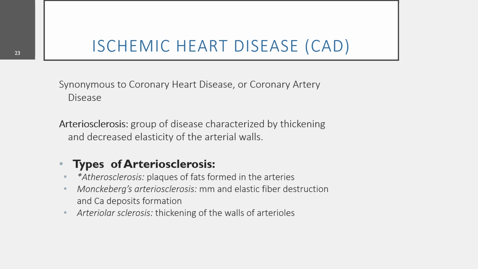Monckeberg's arterial sclerosis involves the middle layers of the arteries and destruction of muscle and elastic fibers and formation of calcium deposits. Arteriolosclerosis is the thickening of small arteries or arterial walls. All three forms may be present in the same individual, affecting different blood vessels.